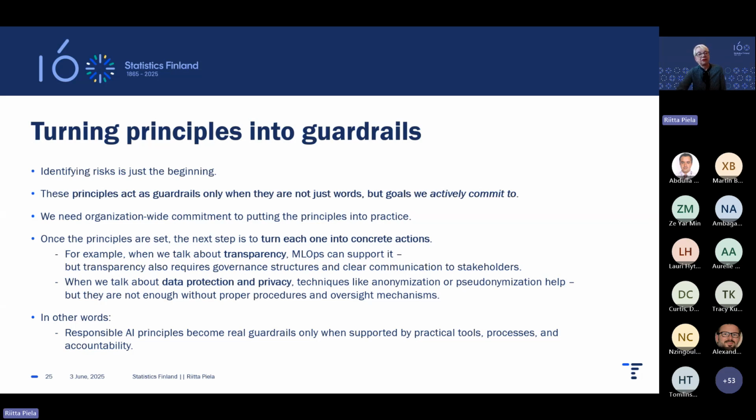For example, transparency: MLOps can support it, but it requires governance structures and clear communication to stakeholders. And for data protection and privacy, techniques like anonymization or pseudonymization help, but they are not enough without proper procedures and oversight mechanisms. In other words, responsible AI principles become guardrails only when supported by practical tools, processes, and accountability.